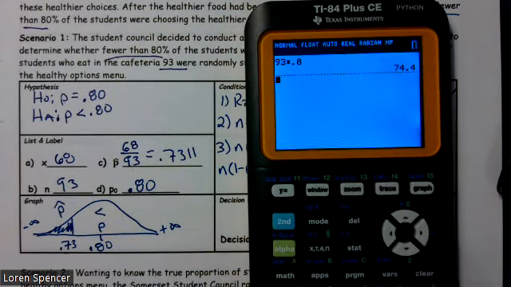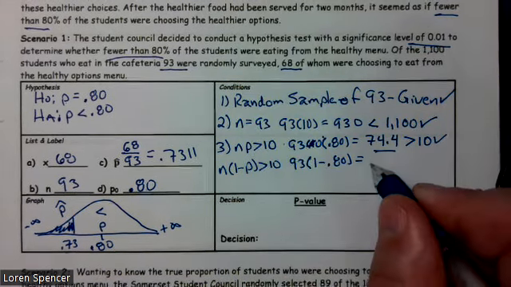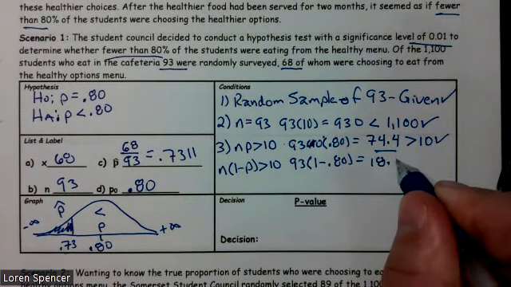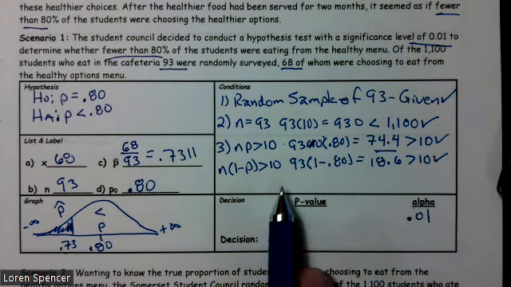So once again, 93 times parenthesis 1 minus 0.80, close those parentheses, and we get 18.6. And 18.6 is greater than 10, so our sample size is large enough. So that's what I need to see, those numbers. Please make sure that gets shown.